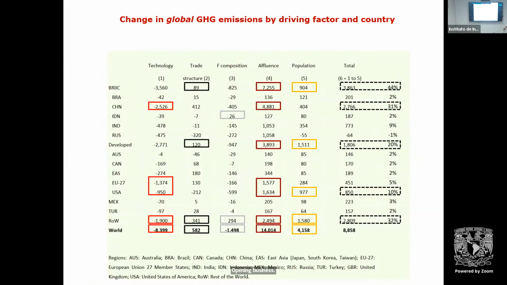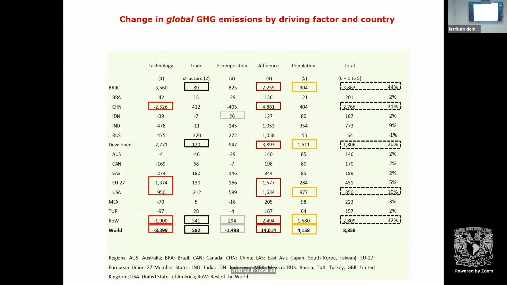So here are the results for the details, and now for the countries. Now let's take China as an example. The numbers that you see here add up to a total of 2,766.